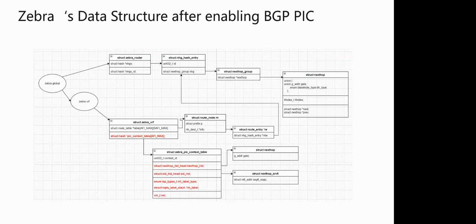Just to keep in mind, at least from what I've seen before, this PIC context table entry could also be shared. There could be many prefixes all with the same remote PEs, if it's per VRF. So there's an opportunity for sharing, and it's not one-to-one. Yes, that's true. It doesn't have to be that way, but it's possible.